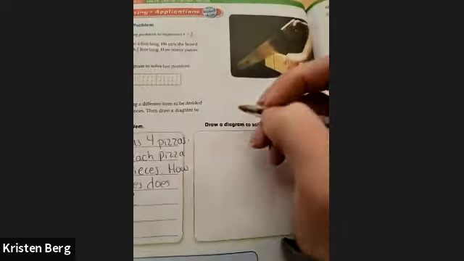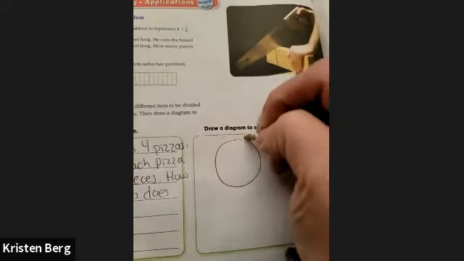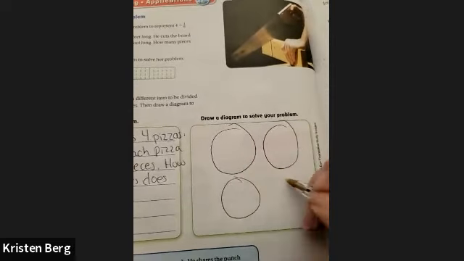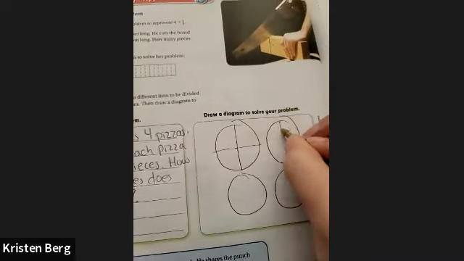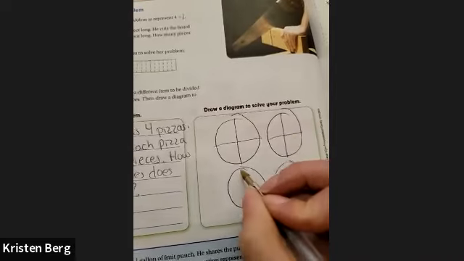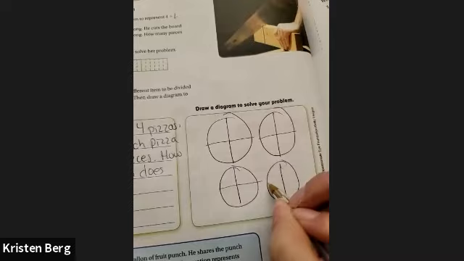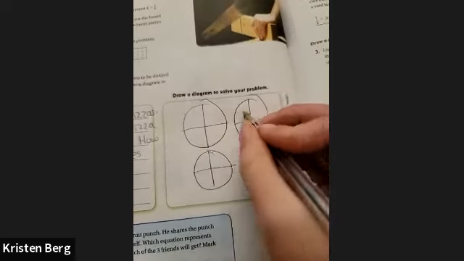Okay, so it says draw a diagram to solve this. So you can show that she has 4 pizzas. And then remember it said you're going to cut it into fourths. Then here, you can simply count each of these.